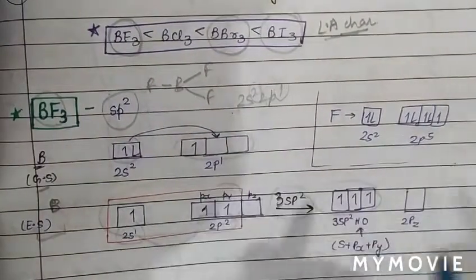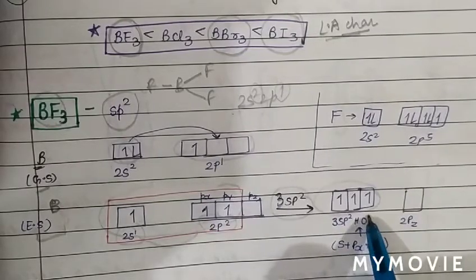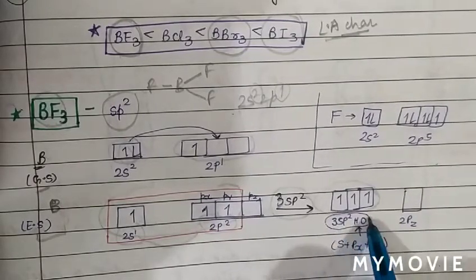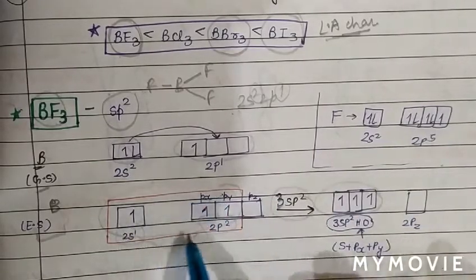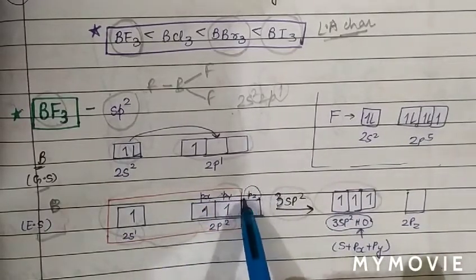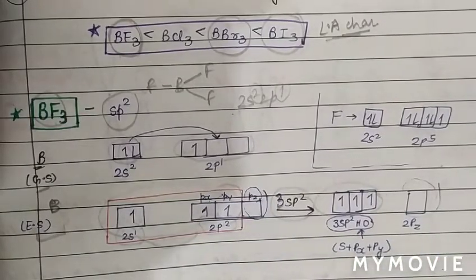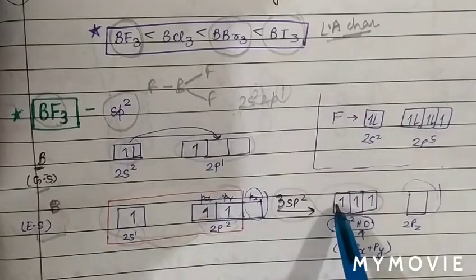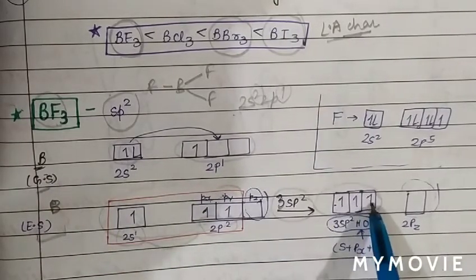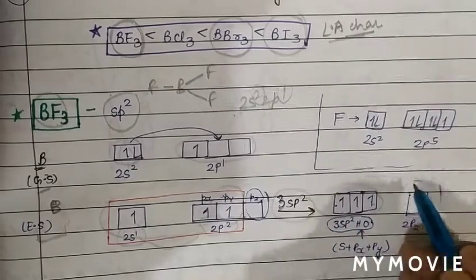This is sp2, this is also sp2, and this is also sp2 hybrid orbital. Along with the 3 sp2 hybridized orbitals, there is also 1 vacant atomic orbital. So basically now boron in excited state has 3 sp2 hybrid orbitals of equivalent energy, shape and size, and there is 1 pure atomic orbital.